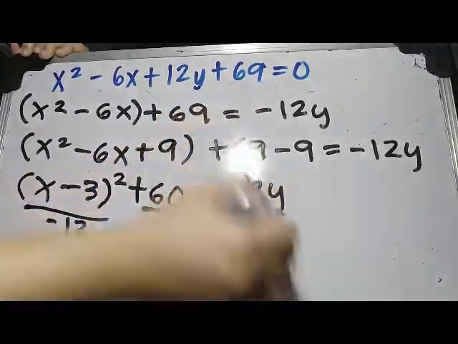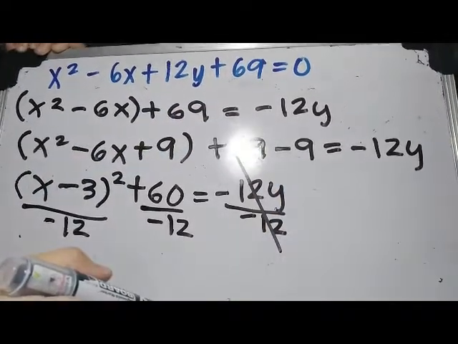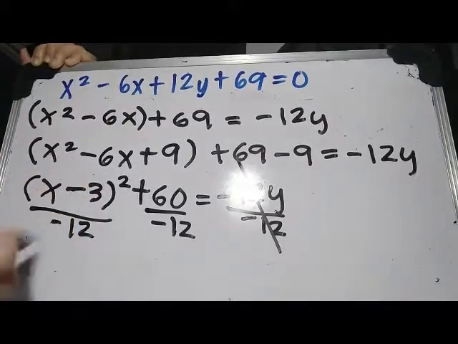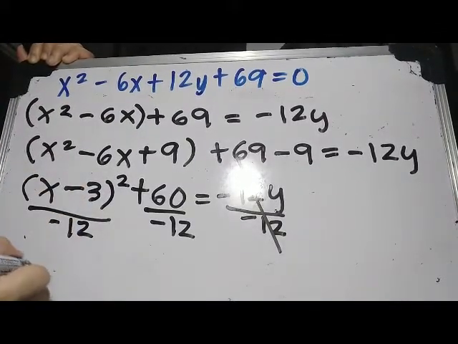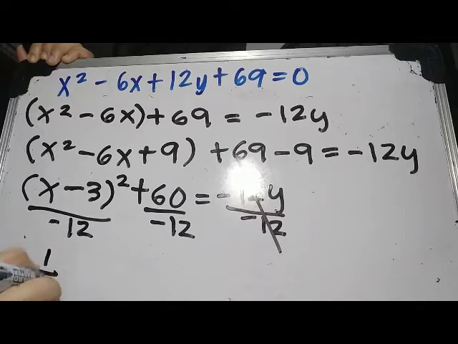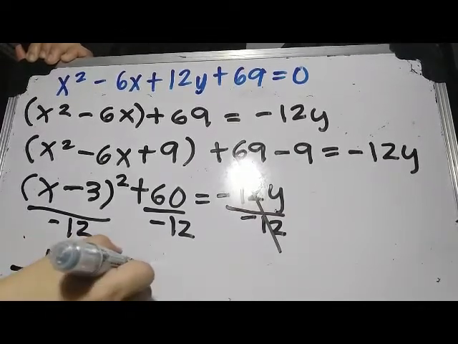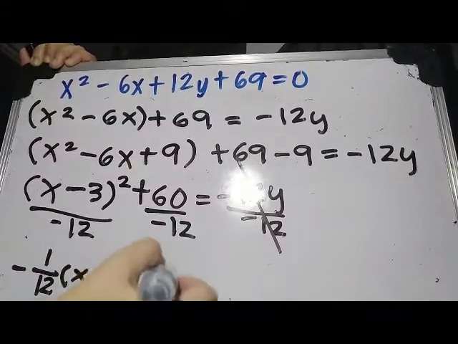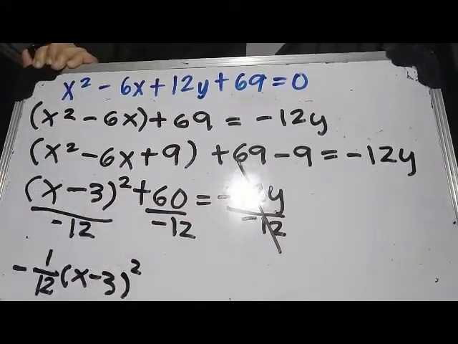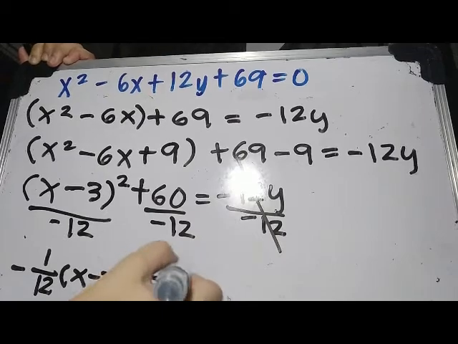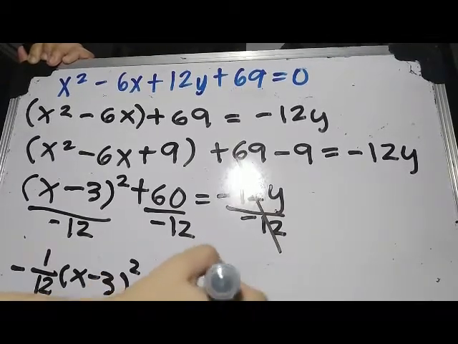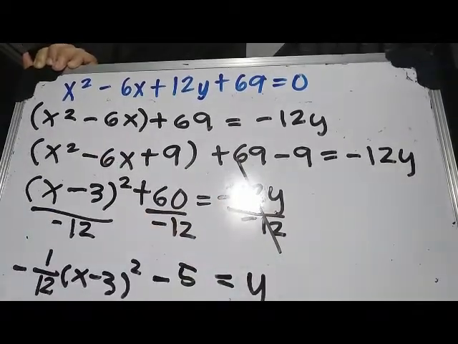Alright, so the negative 12 right here will be cancelled, and then this one could be expressed as negative 1 over 12 times x minus 3 quantity squared. 60 divided by negative 12 is negative 5, and then we'll have here y.